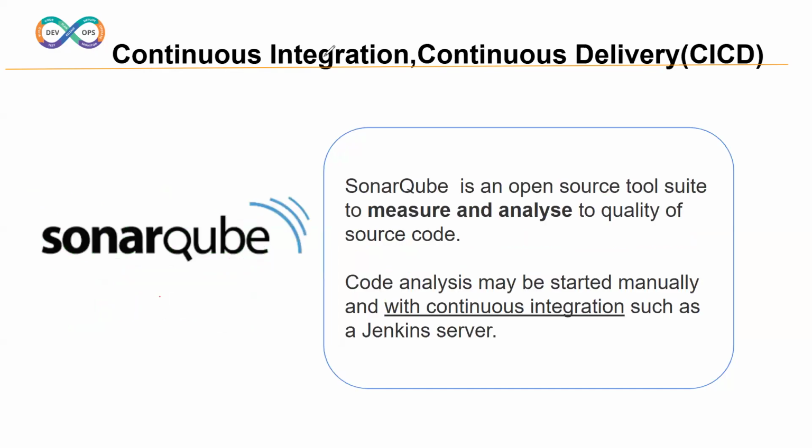We are going to learn SonarQube also. What is SonarQube? SonarQube is a code analyzer, checking whether the developers are following standards or not, whether the developers are using the right functions or not. SonarQube will analyze and give statistics and reports. So totally how many tools?